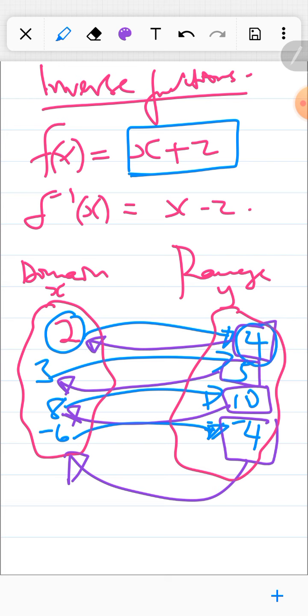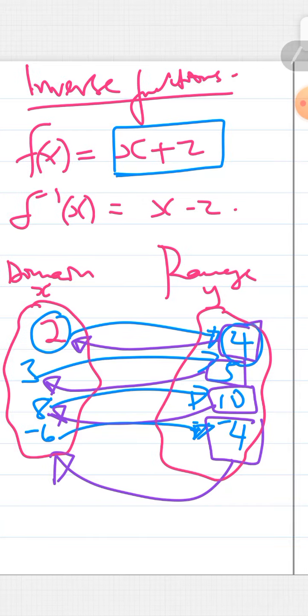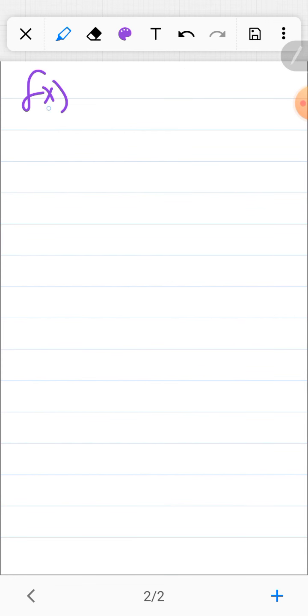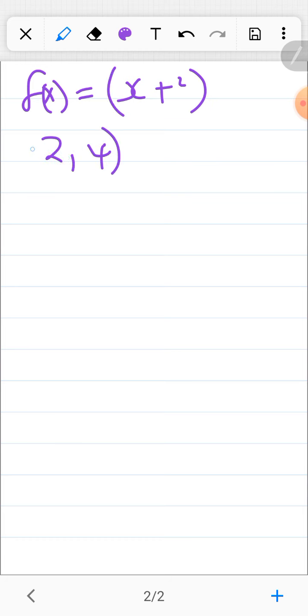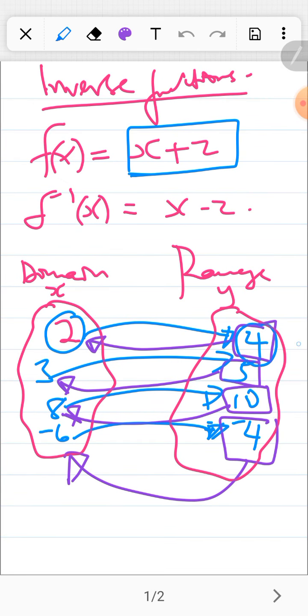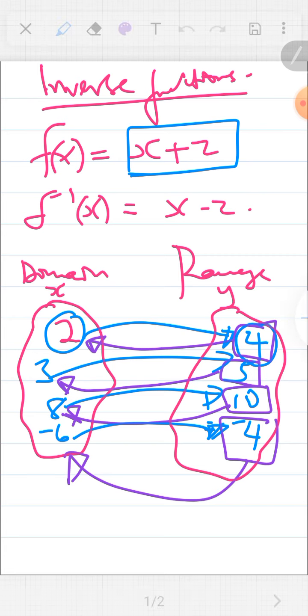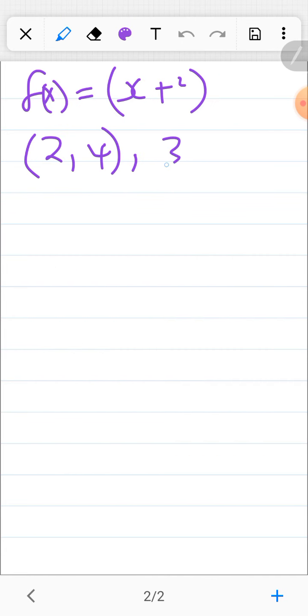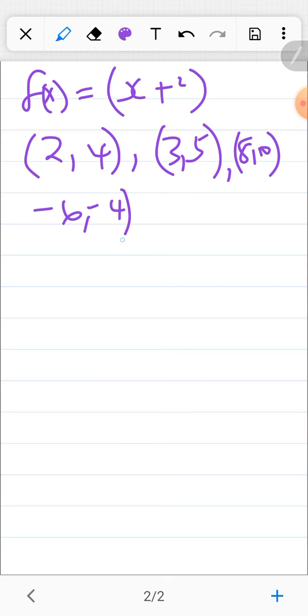So if I try to write the coordinate points of the function f(x) equals x plus 2, the coordinate points for that function would be 2, 4, right? 2 goes to 4, 3 goes to 5, 8 goes to 10, -6 goes to -4.